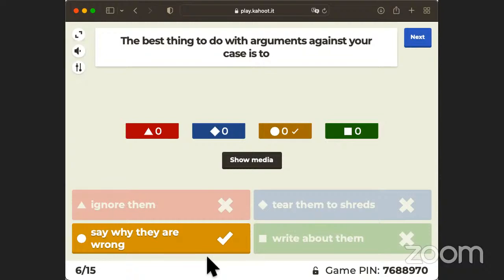So for example, let's continue with the same example. Dogs are better than cats, and you want to mention 3 reasons why you think that's true.